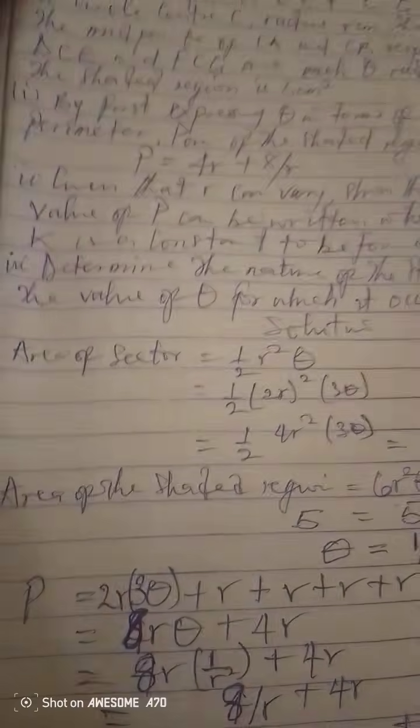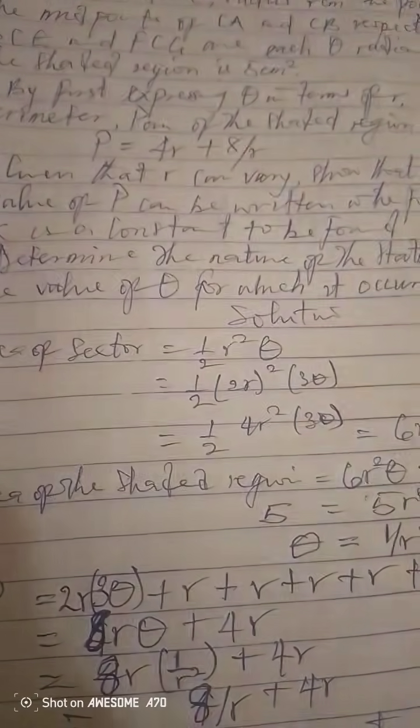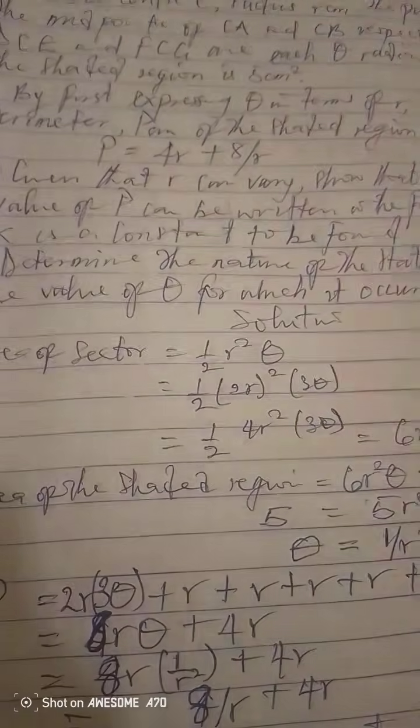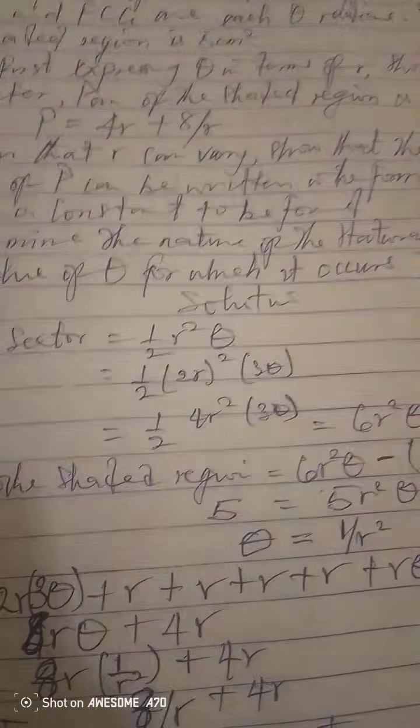From the question, the area of the big sector ACB is half r squared theta, which is half of (2r) squared times 3 theta. That gives us half of 4r squared times 3 theta, which gives us 6r squared theta.